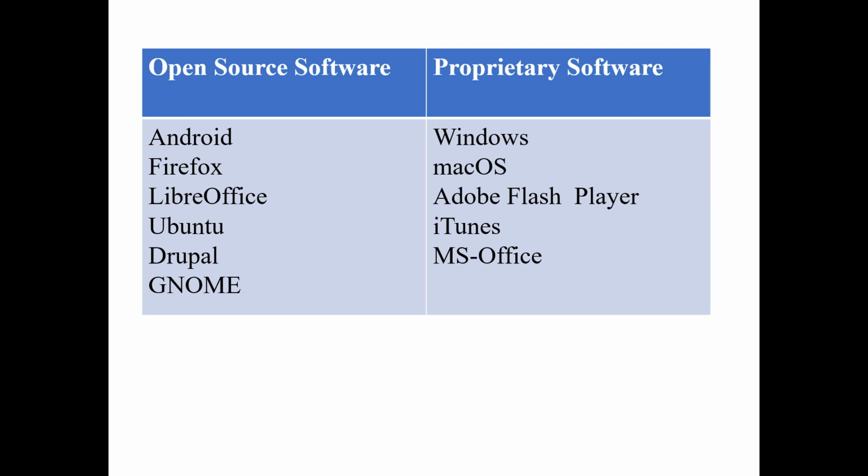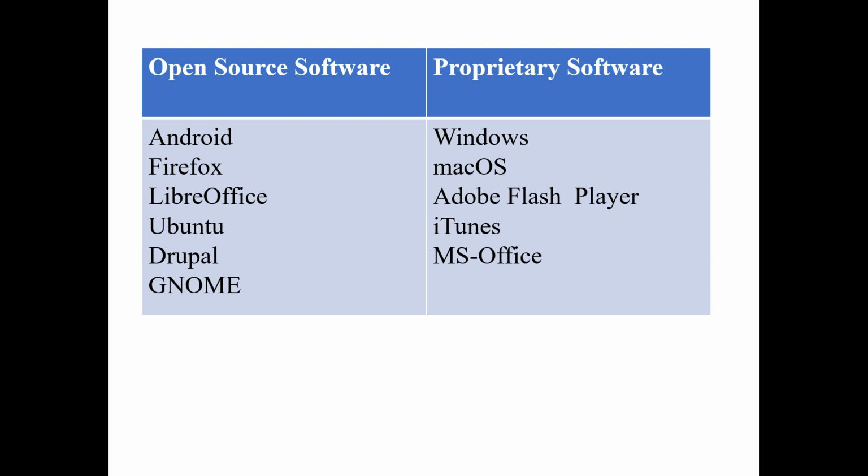You can create Word documents, Excel documents, and PowerPoint presentations using LibreOffice. Ubuntu is also an open source operating system. Drupal is content management software, available free. GNOME is a GUI environment for Linux systems, an integrated environment which can be used on any system freely.